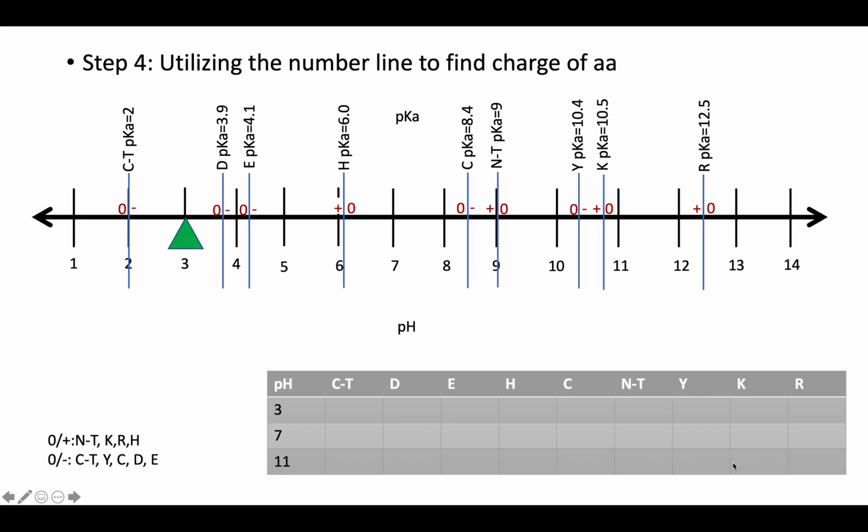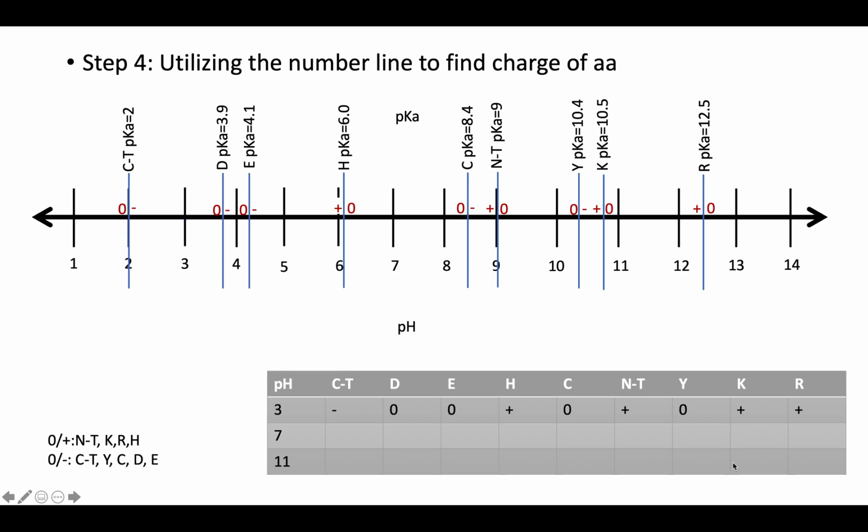And we're going to circle all of the charges that are closest to that 3 for each of the amino acids. For the C terminal, that's going to be the negative. Whereas for everything on the right, it's going to be what's on the left of the line. So again, you want to make sure all of the values you pick are closest to the pH. I am going to mark these down on the graph below.